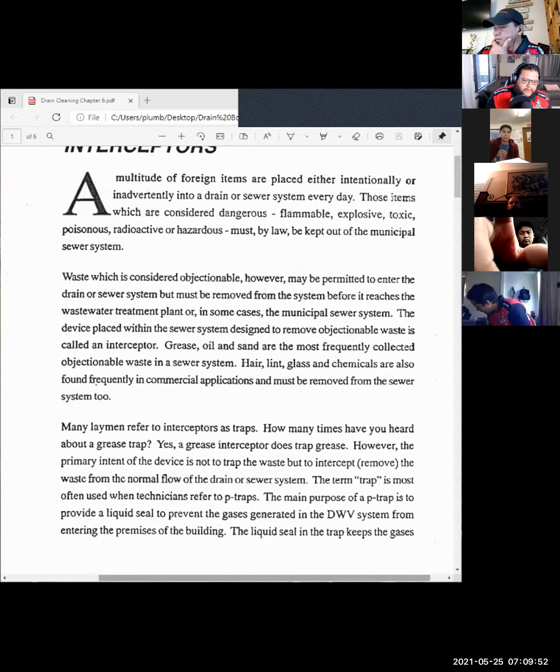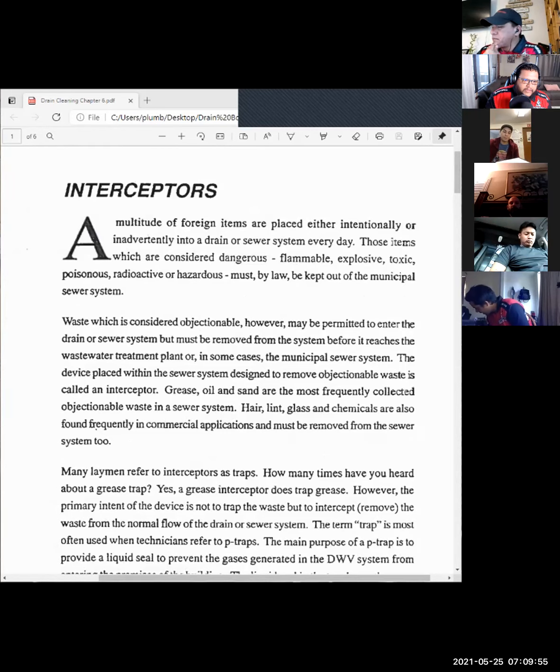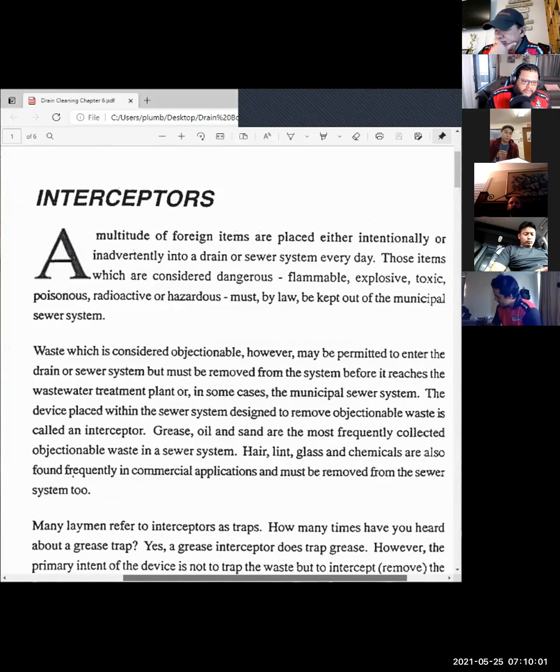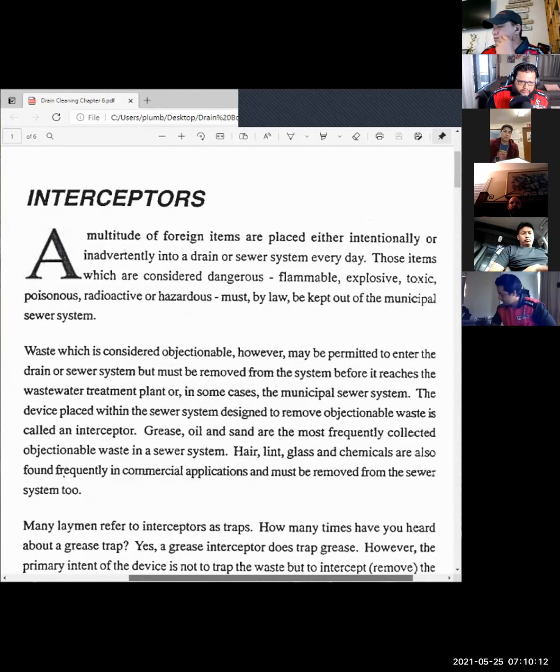Even though it is all contaminated, the things that already run through our sewer, they do not want certain things in the sewer system. That's because of the way everything needs to be treated when it's taken away to our sewer plants.